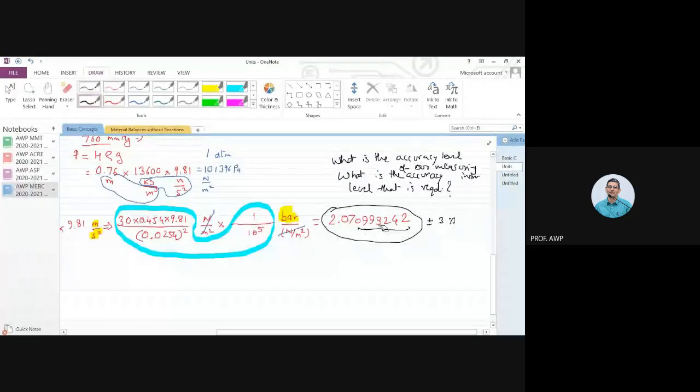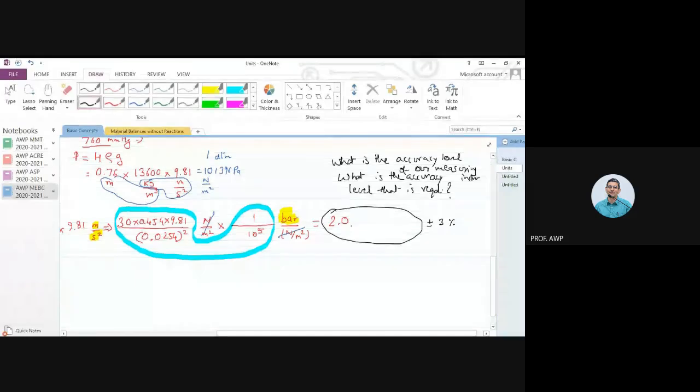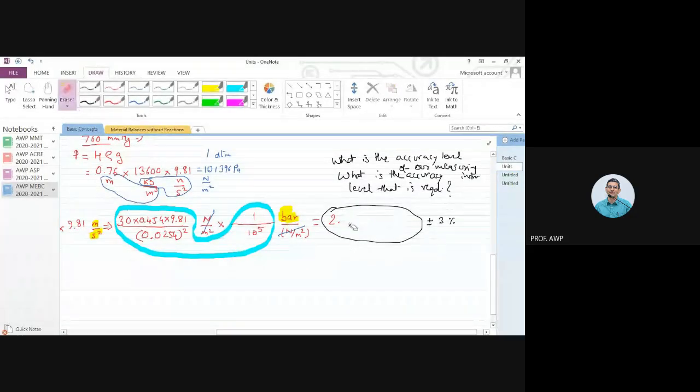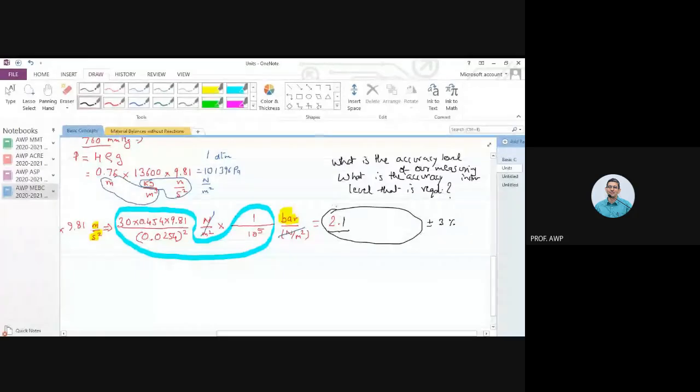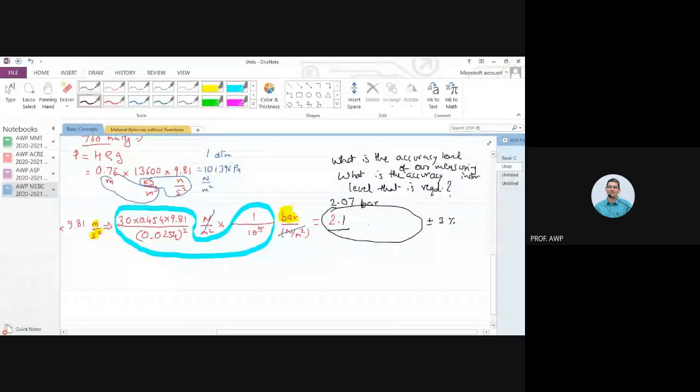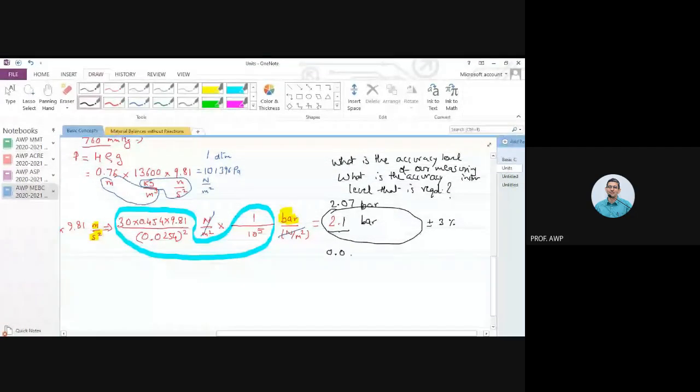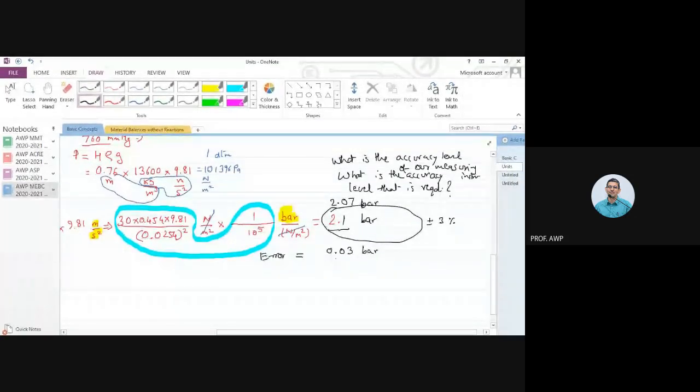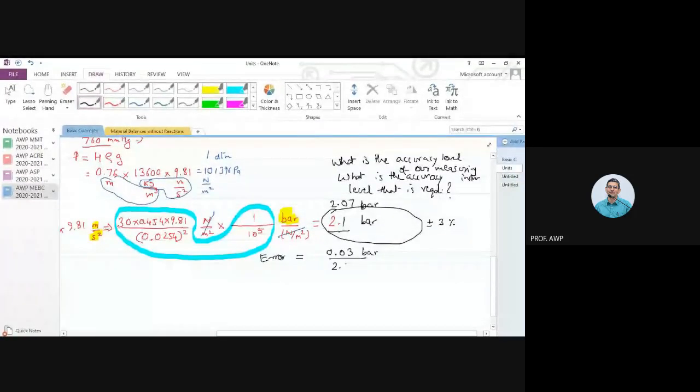So even if you had said 2.07 psi, or even if you had said 2.1 psi, how much error are we making? Our answer was 2.07 bar, not psi. Even if we had rounded it off to 2.1 bar, we would have made an error of 0.03 bar in a measurement of 2.07 bar, isn't it?